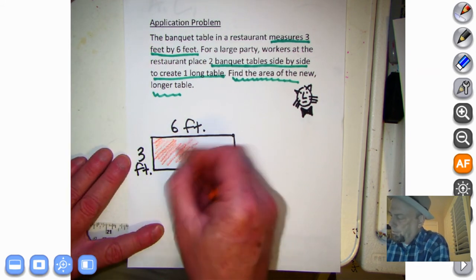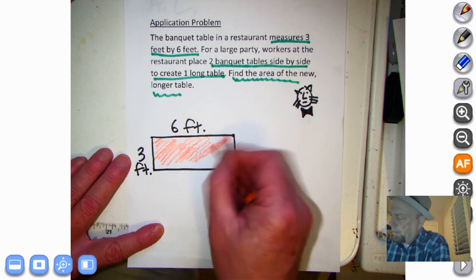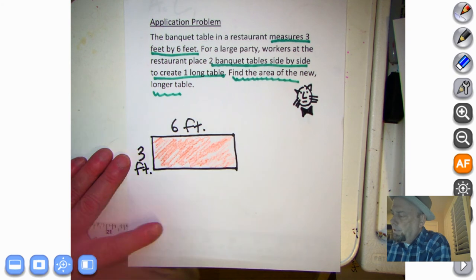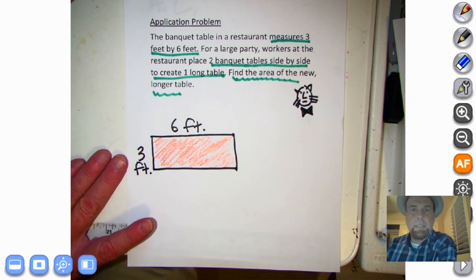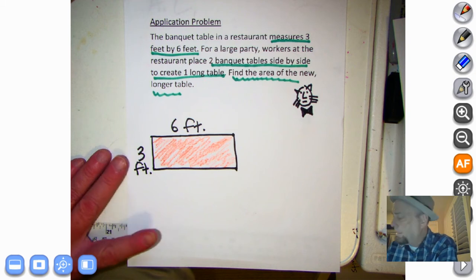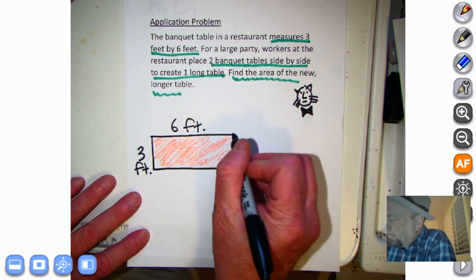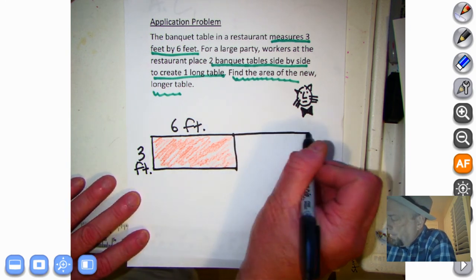You just use your pencil to shape this in. You don't have to go grab a crayon, especially if you're using a whiteboard marker. The workers place 2 banquet tables side by side to create one long table. Maybe it's a big party for many people to sit at. So they put another table here.